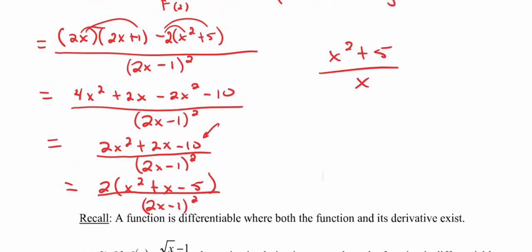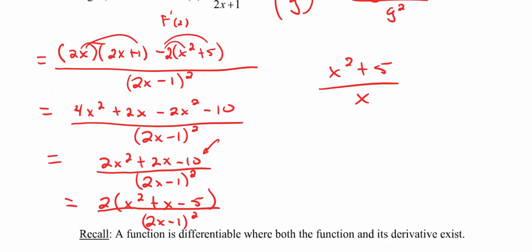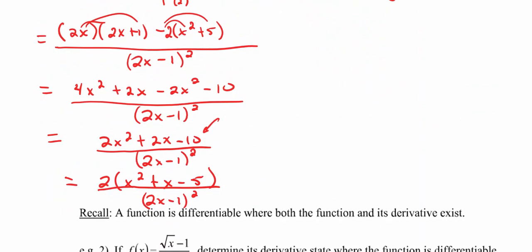Oh, before we get going, though, let's figure out what the domain of that was, because it's only where it's differentiable. So the domain here, we can say, on the original f of x, would be x such that x is not equal to one half.